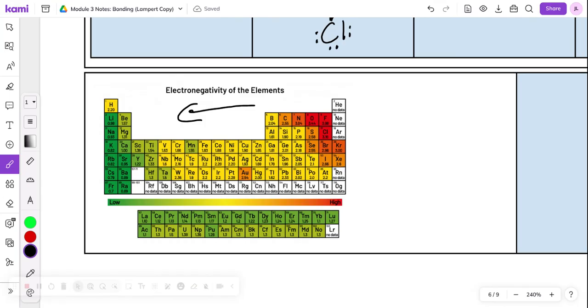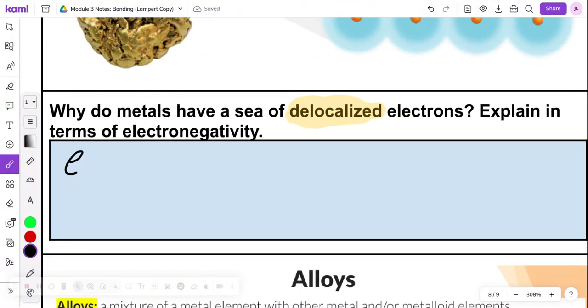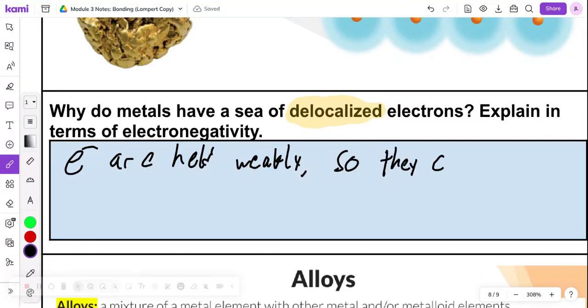Because they hold onto their electrons very weakly, it's likely that they will have that sea of electrons. They're holding onto the electrons weakly, so they can flow freely. Since there's no force holding them on, they're free to move.